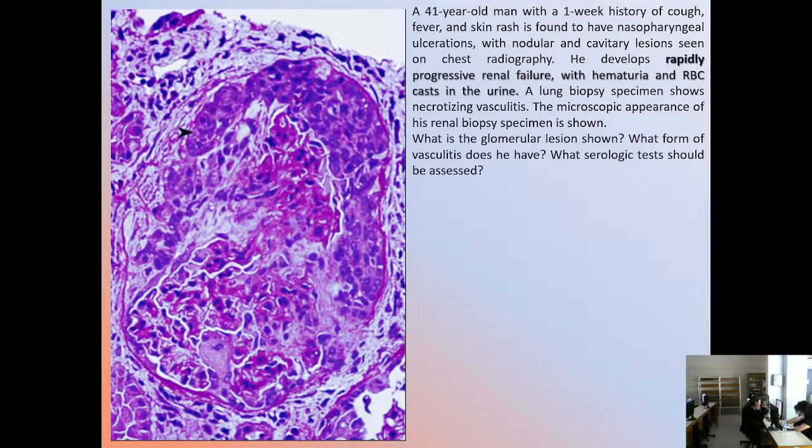Extracapillary, and they form a crescent. So this part, this is the crescent. You see? Like the half moon. Yes, the half moon, this is the crescent. So, what clinical feature is this morphological feature consistent with? This is the rapidly progressing glomerulonephritis.